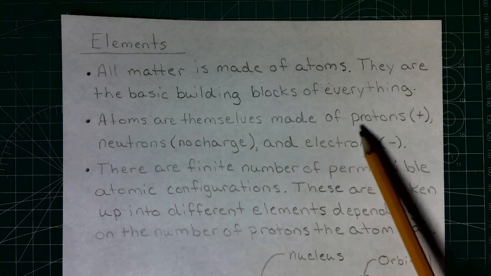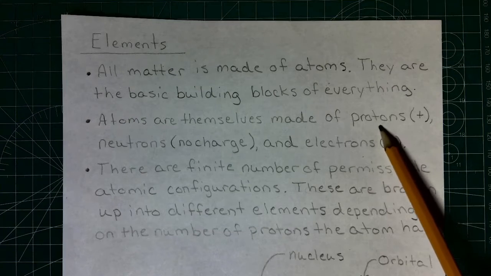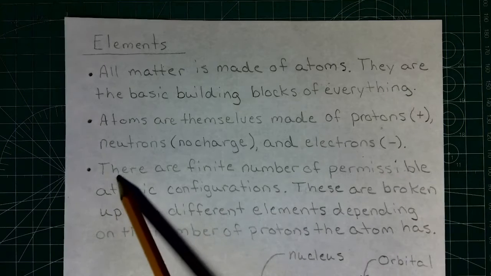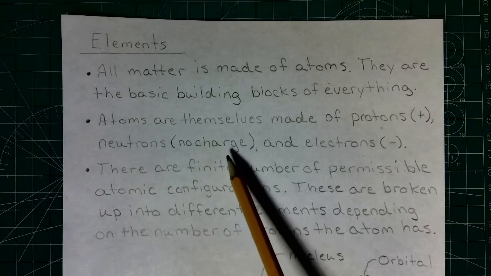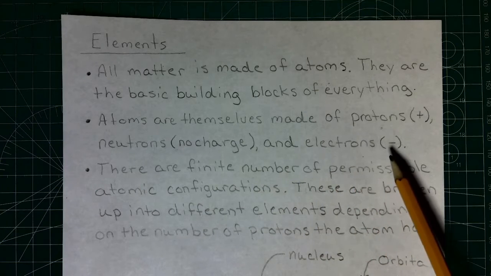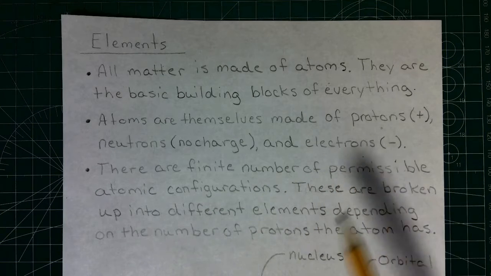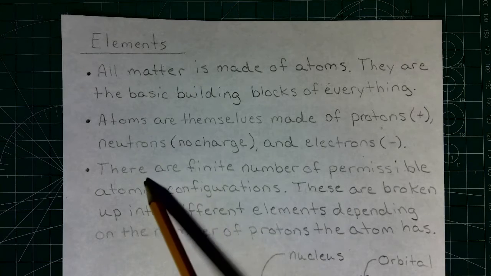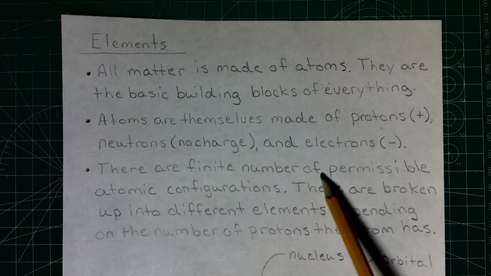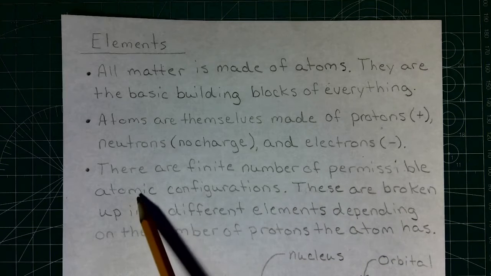Atoms themselves are made out of subatomic particles. These include protons, which have a positive charge, neutrons that have no charge, and electrons that have a negative charge. There are a finite, so limited, number of permissible atomic configurations.